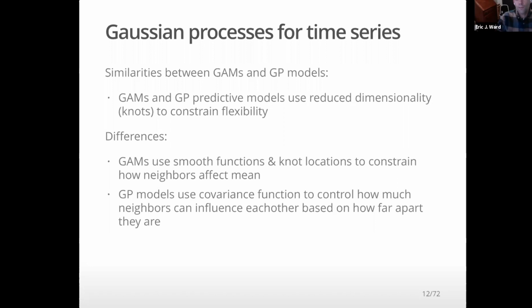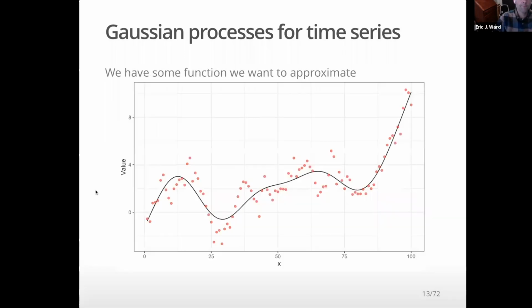We're going to use this covariance matrix to model the change of this function through time. Both of these approaches are similar in that they're using the neighbors to constrain the shapes of the functions, but the difference is that Gaussian processes use this covariance.